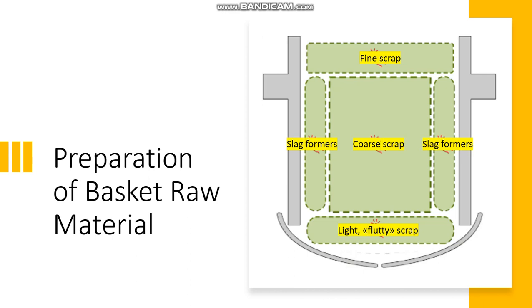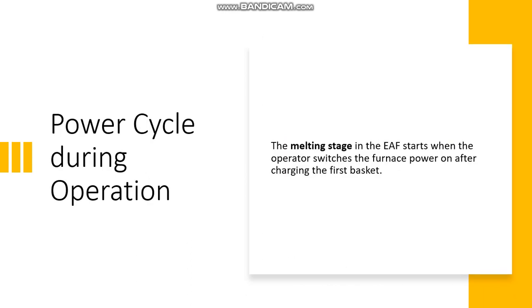Light fluffy scrap, such as turnings, is loaded at the bottom of the basket, as it cushions the fall and also helps prevent finer materials from falling out of the brackets. And finally, the coarse scrap is best located in the center of the basket.